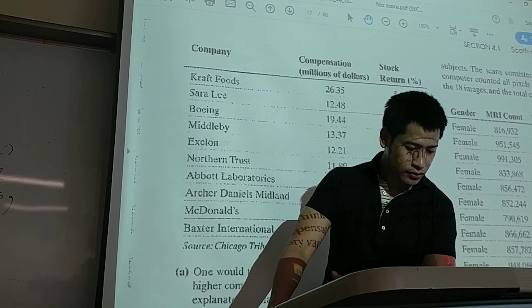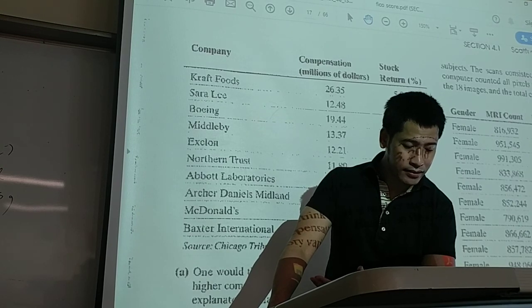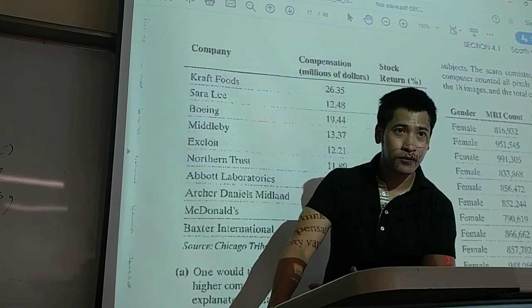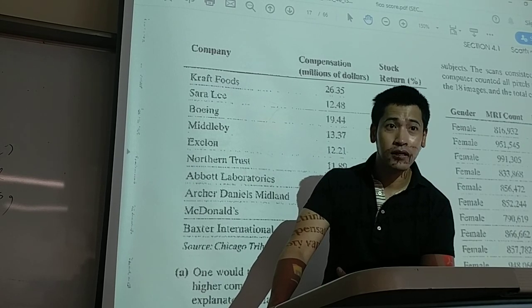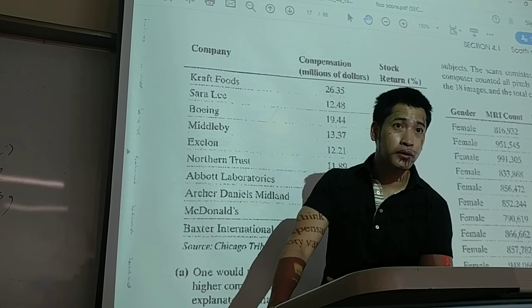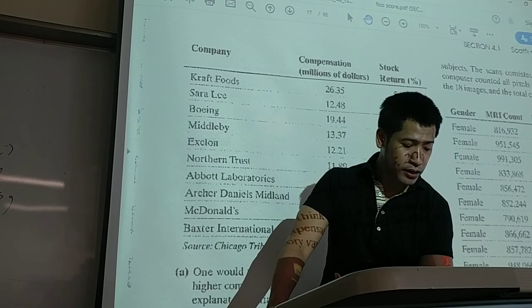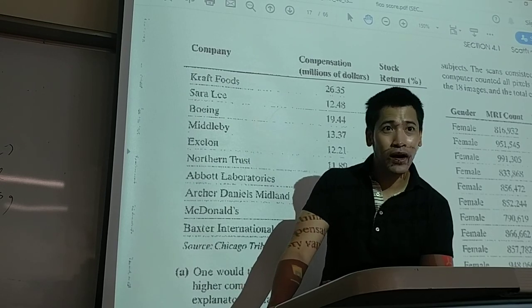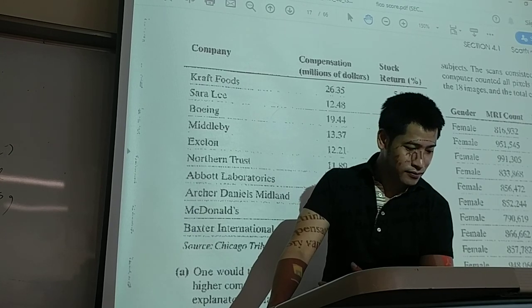Clear? So we wish that if the CEOs are paid higher, then the stock return should be higher. That's of course ideal from the point of view of the stockholder. If the more you pay to the CEO, the stock return does not improve, then why pay a lot to the CEO? It does not make sense, isn't it? Right?